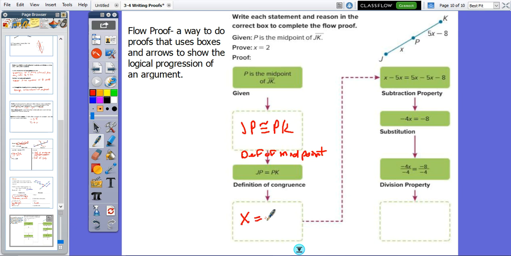They said X equals 5X minus 8. That's our substitution. We did that right there. And then from there, you see the problem, they went ahead and subtracted 5X on both sides. As it's subtracted on both sides, they're showing you that they're doing the work, and then they go ahead and actually do the work.